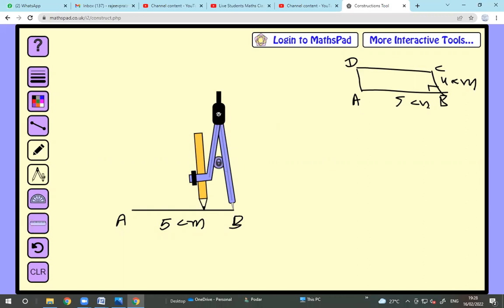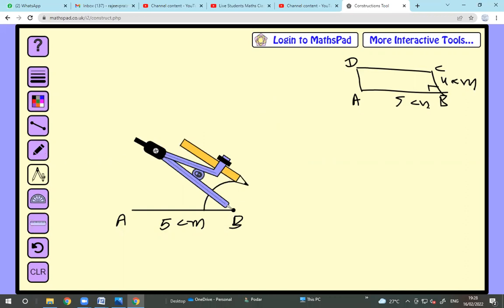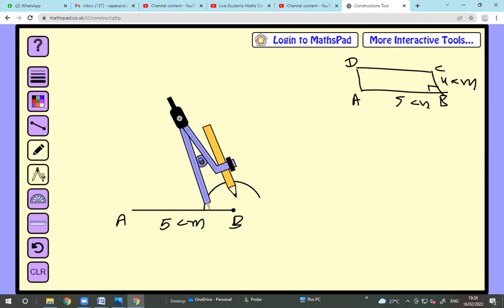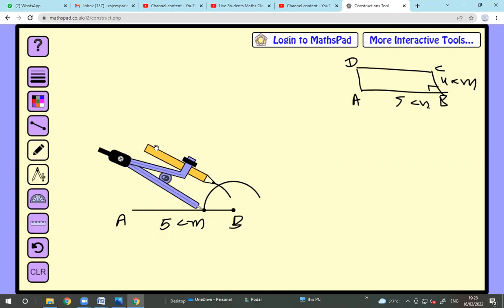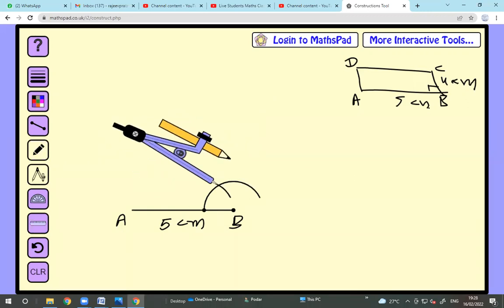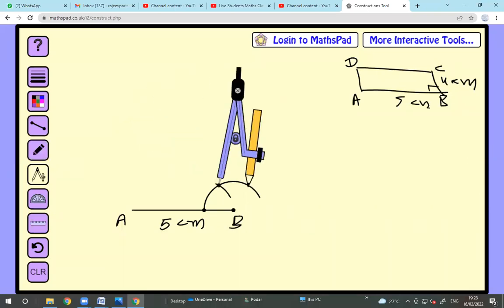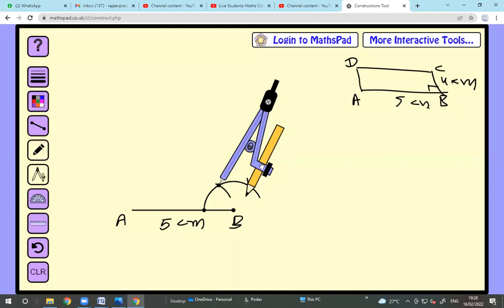What we simply need to do is take an arc of any length, without changing that, putting it first time, it will give you 60, and then putting it second time, it will give you 120.